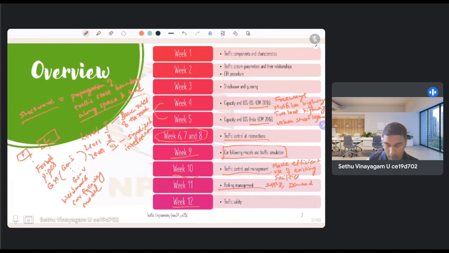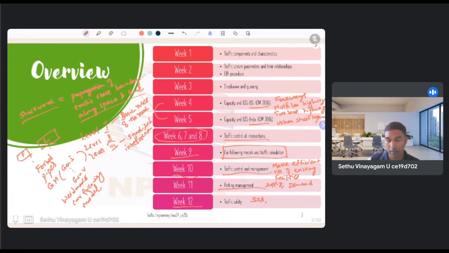And then the course concluded with week 12, which focused on traffic safety, right? So here we are looking at the safe system approach, and why traffic safety is very important, right?